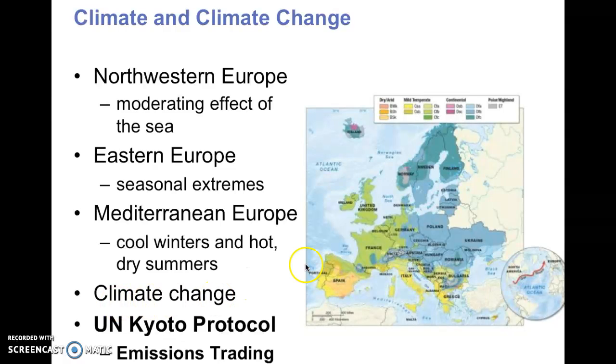Climate change has a potentially huge impact on Europe, and it's because this region through here is very low lying.